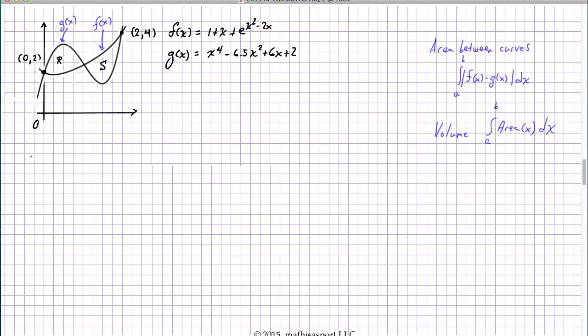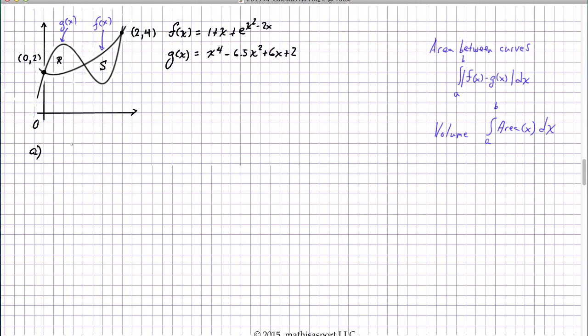In part A, we're finding the areas of the regions R and S. Ordinarily, we might have to treat those separately, first calculating R, which would require the point of intersection of the two curves, and then adding to it the area of S, being careful to keep the larger function minus the lesser function in our integral.